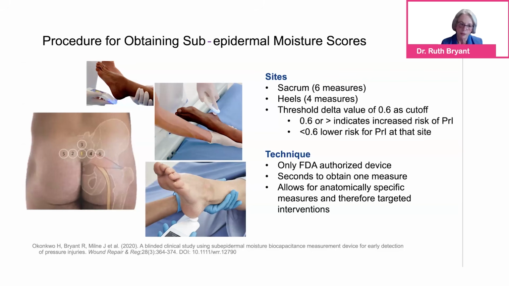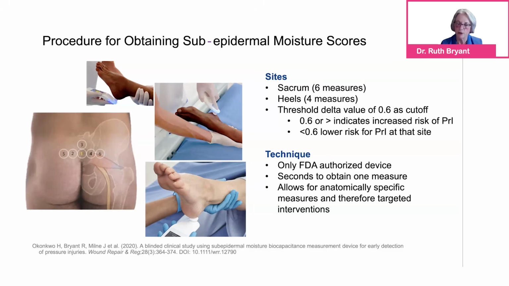Because remember, over the bone is where the damage is. So that's where that microscopic edema is. Surrounding the bone should be more normalized. So we're going to look at the difference in moisture content between those sites, and the device actually helps measure that difference, that delta score.